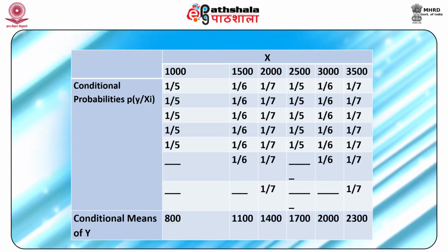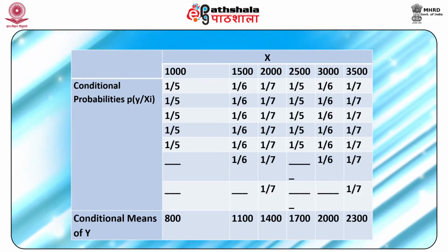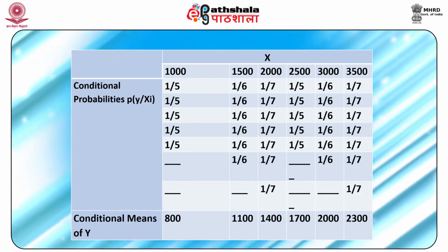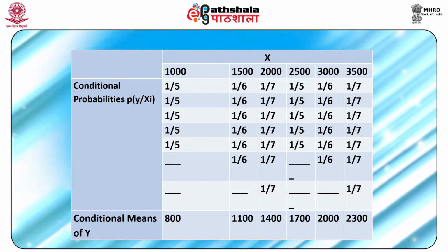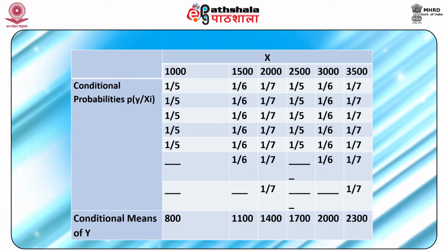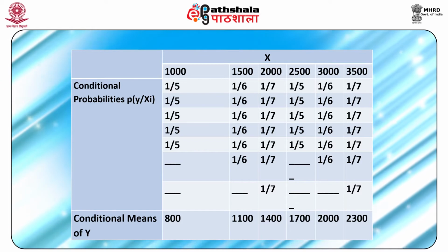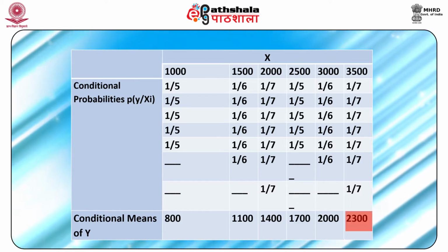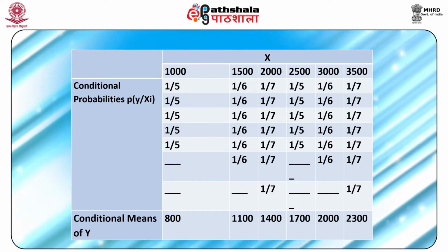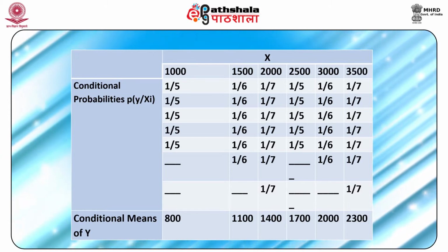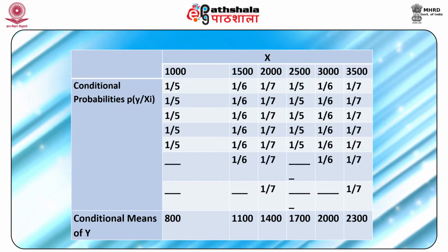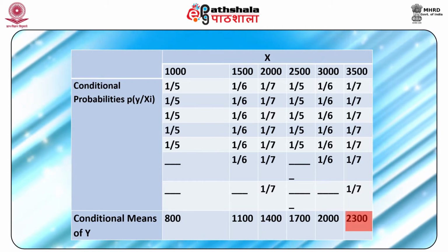These conditional means imply how much would be the mean consumption of these families given a particular level of income. So 2300 implies that families whose income is 3500 would on an average have a weekly consumption of 2300 rupees.